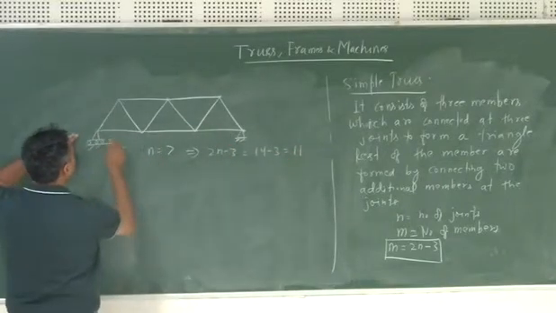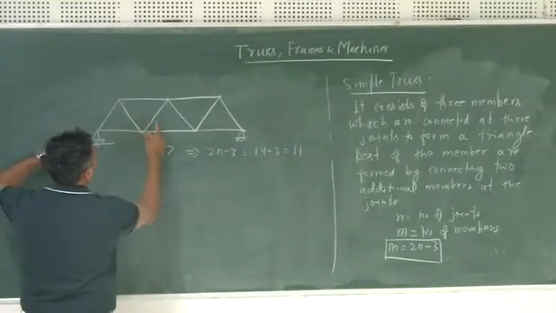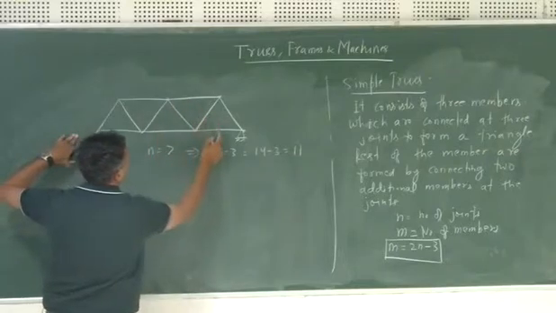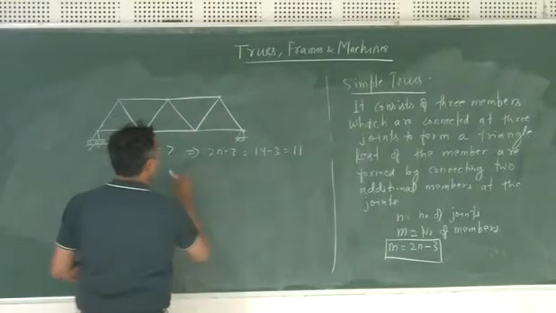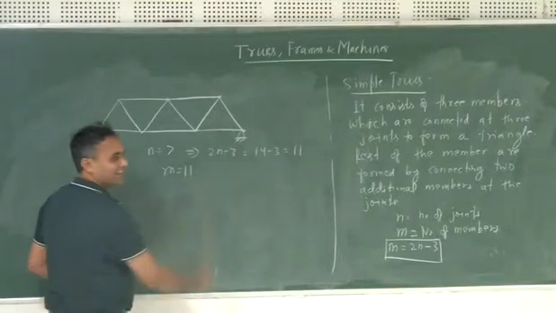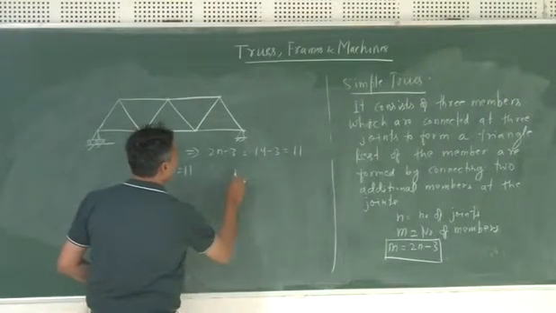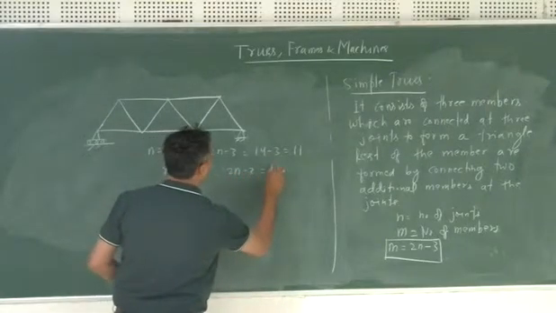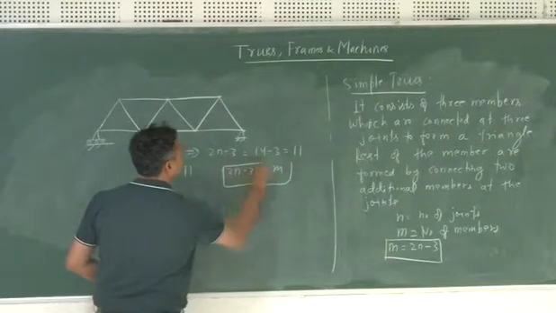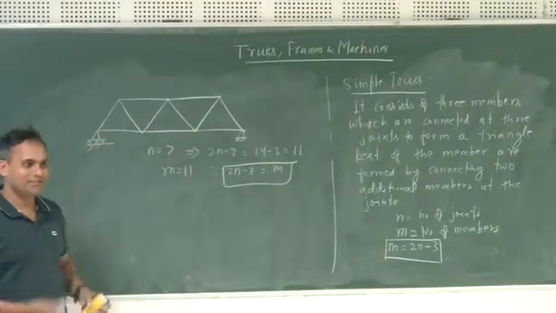How many members are there? 1, 2, 3, 4, 5, 6, 7, 8, 9, 10, 11. So m is also 11. Since 2n minus 3 is equal to m, this kind of truss is called simple.